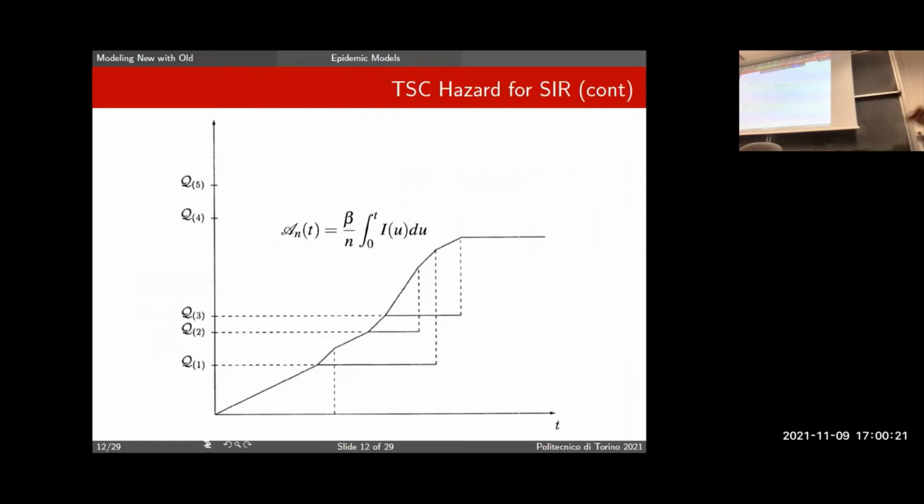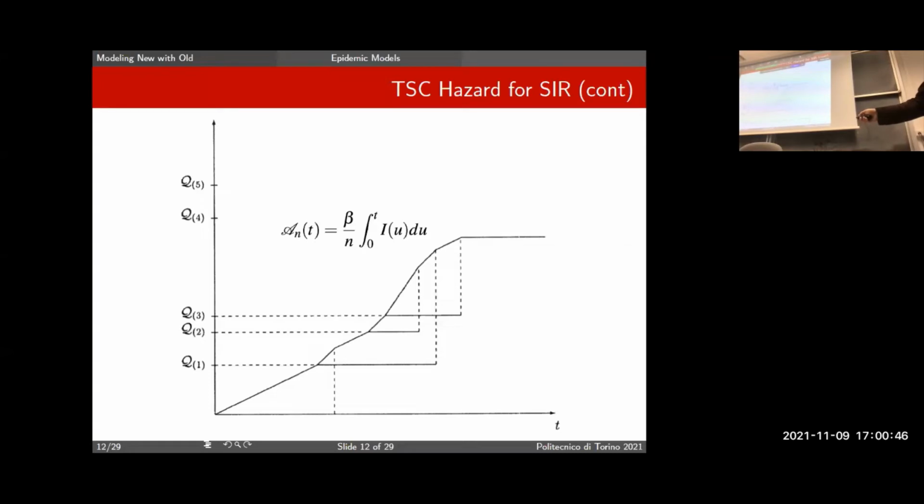Let's say that I had 5 people who were susceptible and a single person who was infectious. What I'm doing here is plotting this quantity, the integral of the number of infected people. There was a single infected person initially, so this simply looks like a constant times t. So it's a linear function up to here with the slope beta over n.